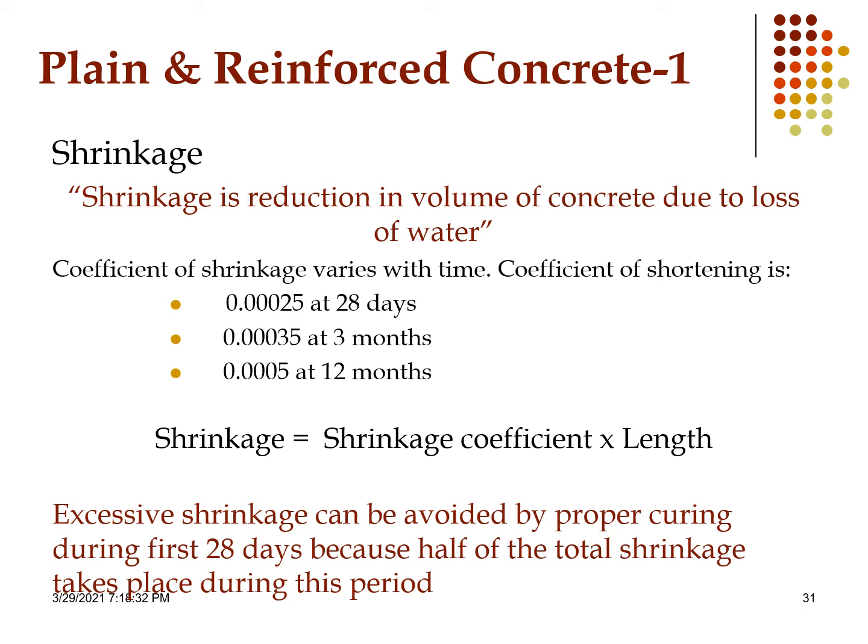It is normally 0.00025 at 28 days, 0.00035 at 3 months, and 0.0005 at 12 months. So shrinkage equals shrinkage coefficient multiplied by length. Excessive shrinkage can be avoided by proper curing during the first 28 days because half of the total shrinkage takes place during the first 28 days.